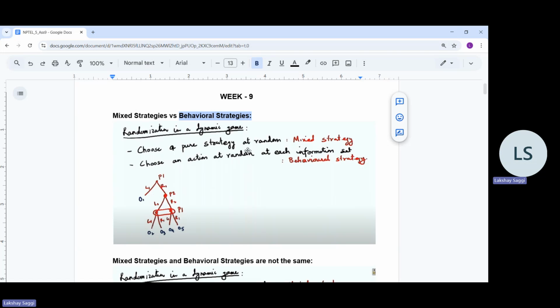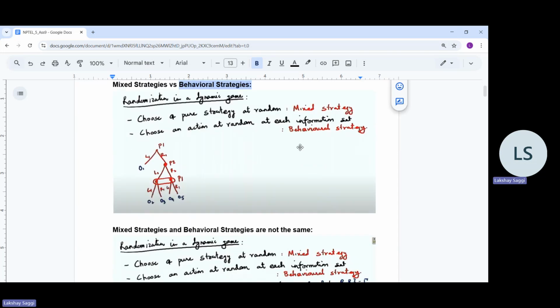I'll not fix what I choose at my second turn at the start, but as my turn comes, I'll choose it. This is what you call a behavioral strategy, where you are essentially choosing an action at random at each information set as you arrive at that set.